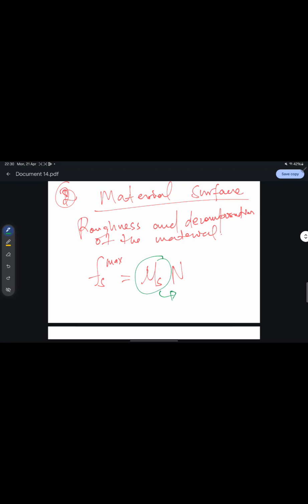This thing is a proportional constant. It's just the ratio of the F max and normal. It doesn't have a unit and is always less than 1. It's just a unique value.